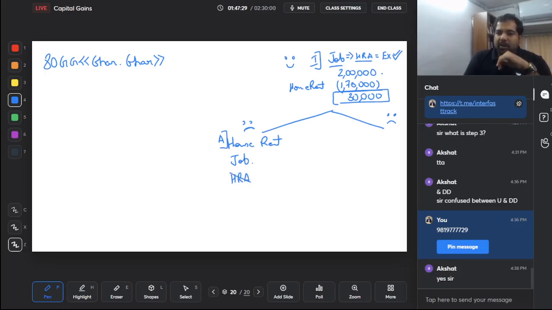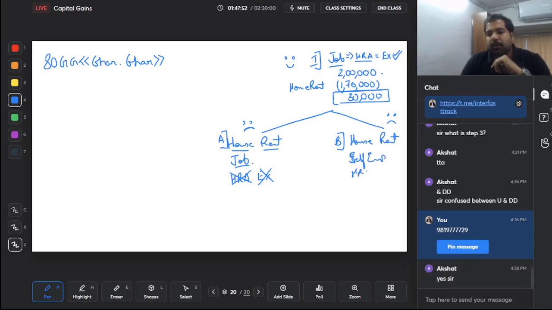And because he does not get any HRA, he does not get any exemption, but he also has taken a house on rent, he also has a job. Similar like you, but he is not getting any exemption. And this sad guy is me, because I am also, let's say, taking a house on rent, but I am self-employed, so no one is paying me HRA, and hence I also don't get an exemption.